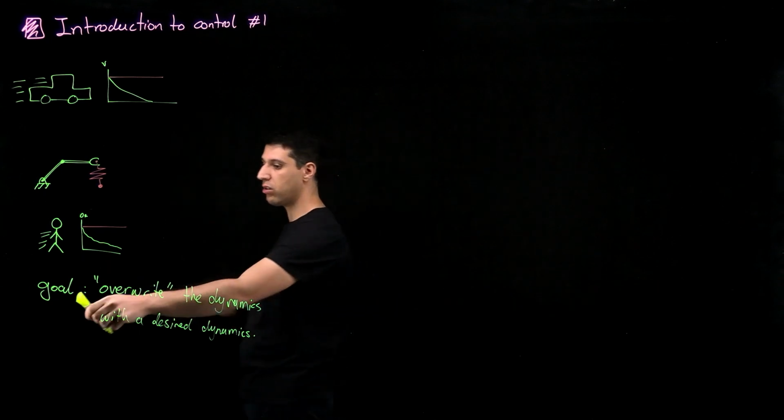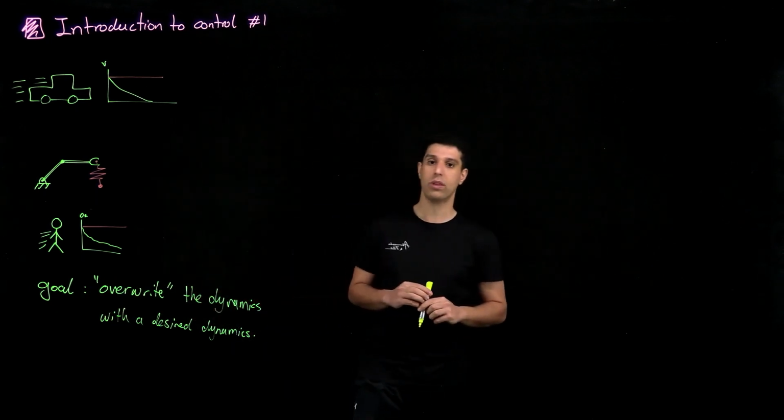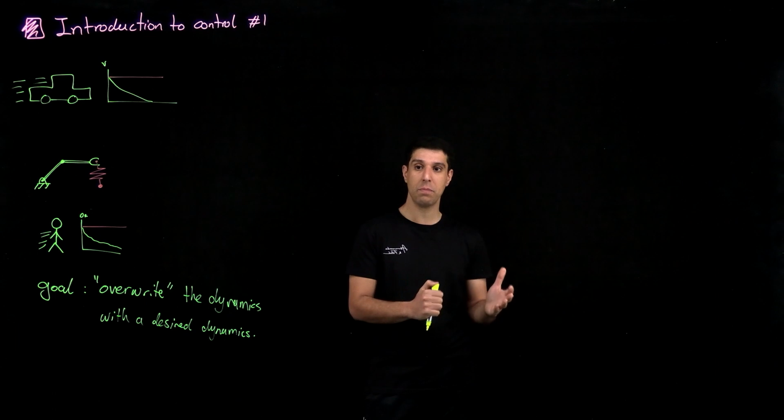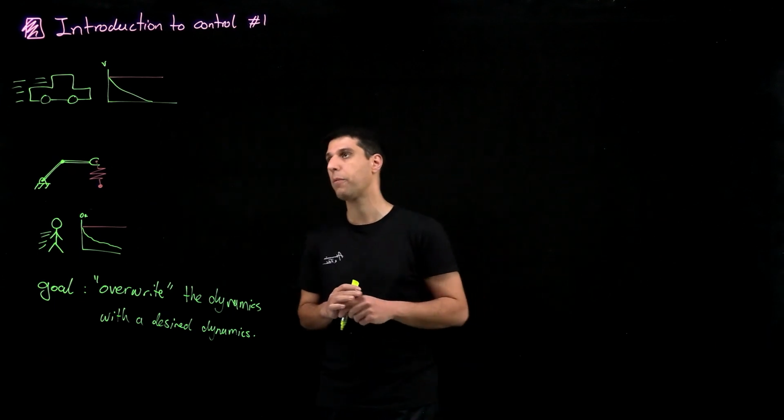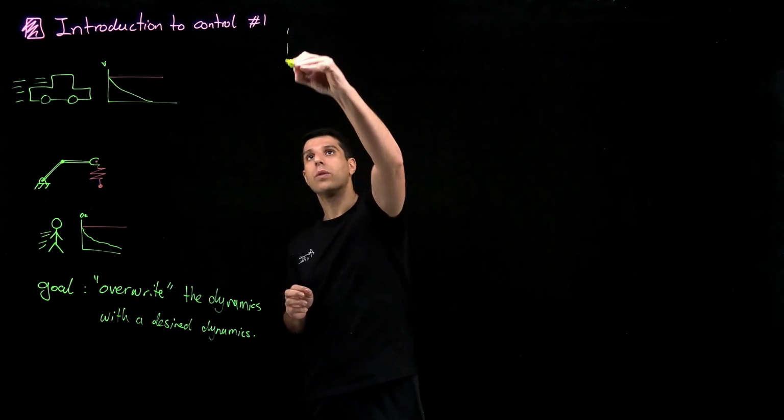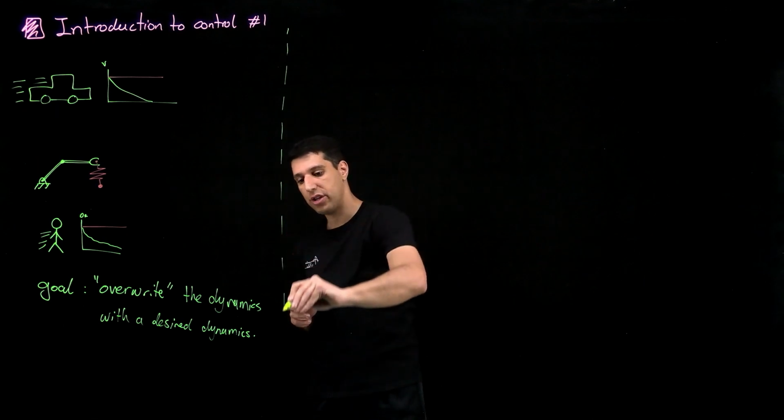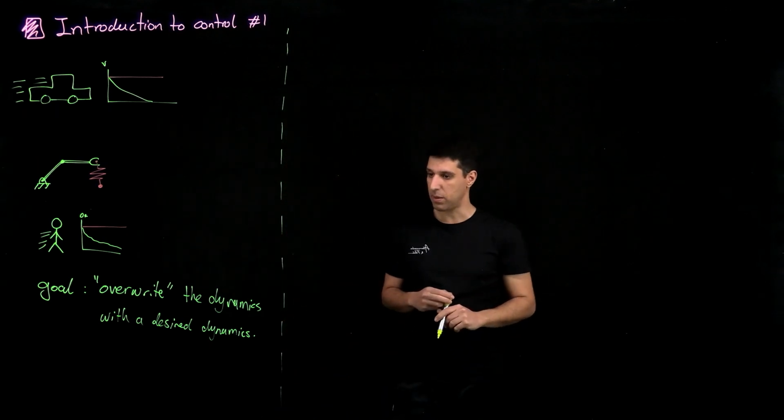So that is the general goal of control, that we want our system to behave the way we want. That's control as a general concept.